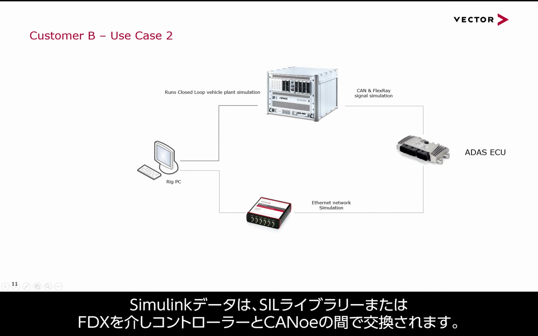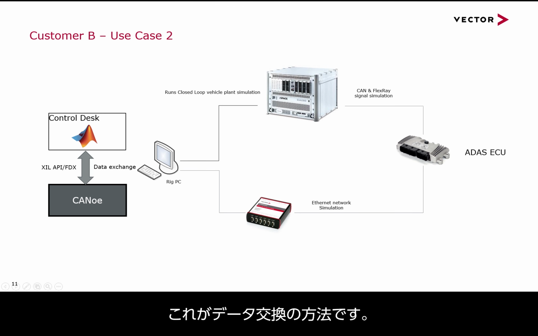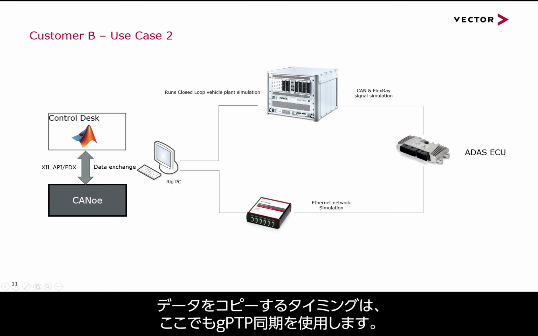Simulink data is exchanged between the controllers and CANoe over the SIL library or FDX. The data would then be ready to be copied for the Ethernet network simulation. Again, when to copy this data, the gPTP synchronization would be utilized here.